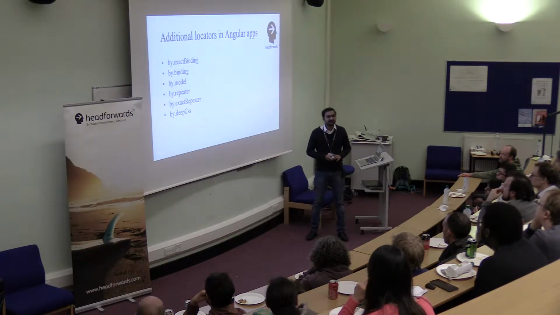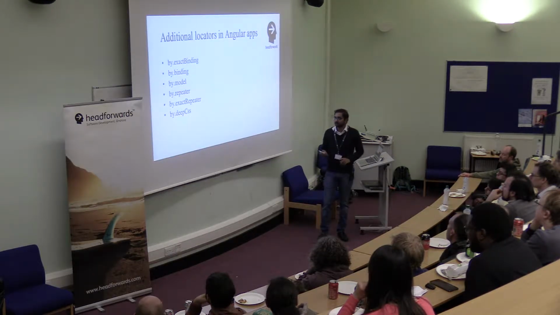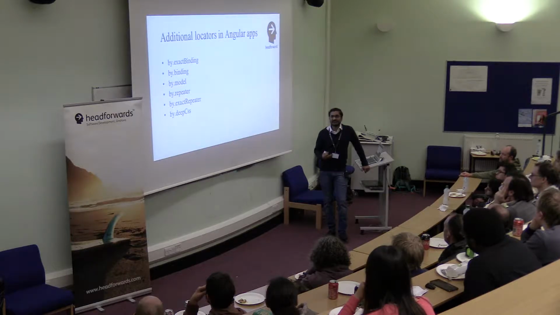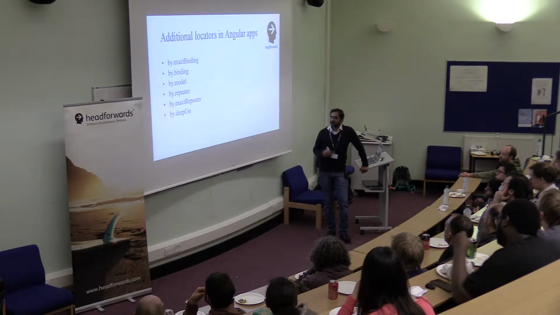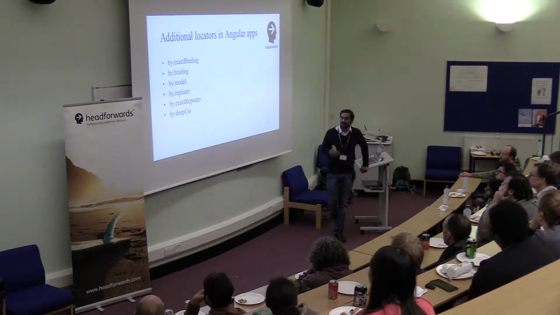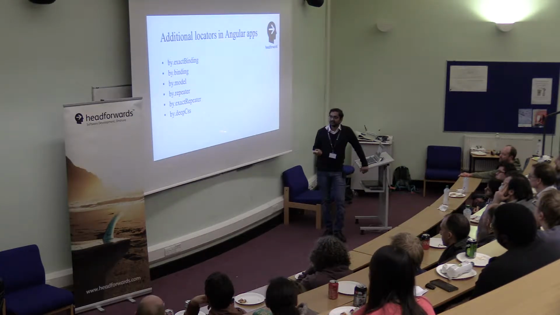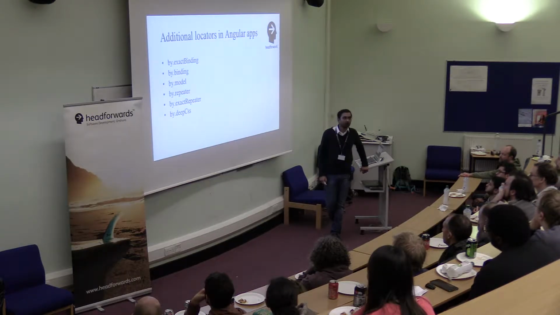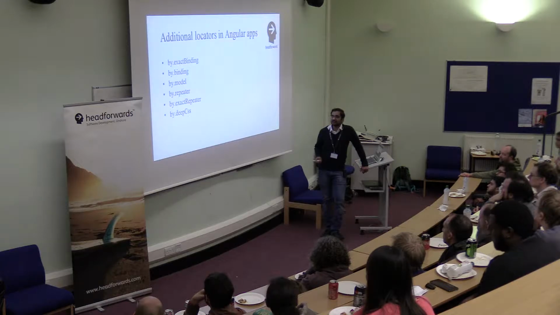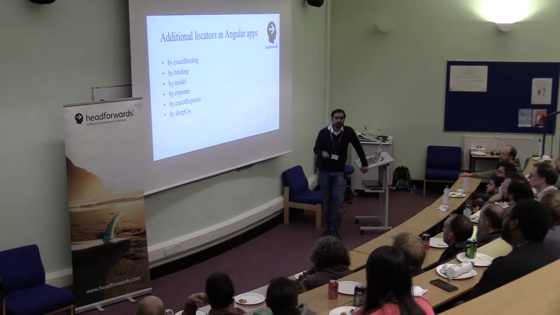And then there is deep CSS. This is like shadow DOM. Usually in normal Selenium WebDriver, if something is hidden in the page or hidden in the DOM, we can't access it. But in Angular applications, Angular itself puts a shadow DOM into the DOM. Even though it is not displayed on the page, it still holds the DOM data in Angular.